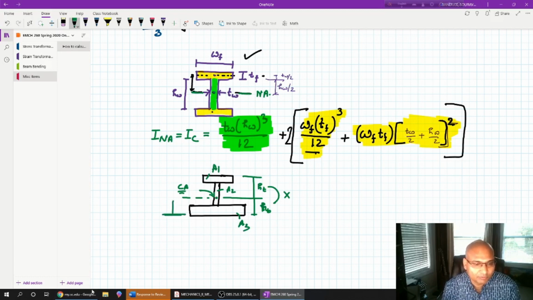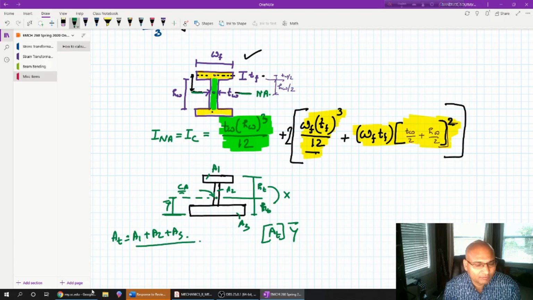From here I want to find where my CG or the center of area is located. I can find it using y prime with the total area, which is A1 plus A2 plus A3. Let's say this is the total area AT, and AT can be written as A1 plus A2 plus A3.